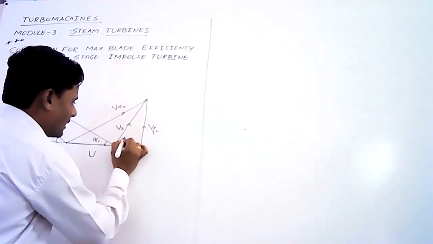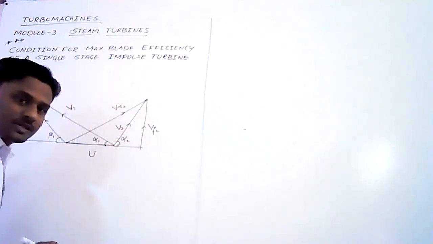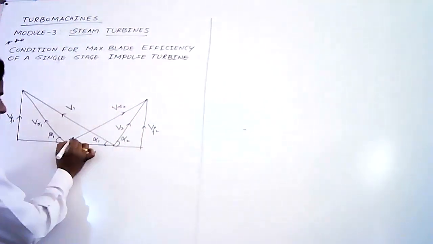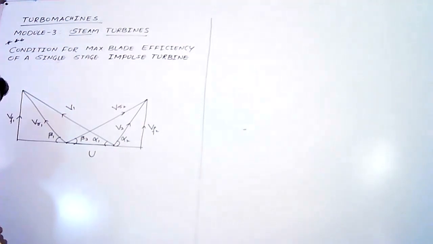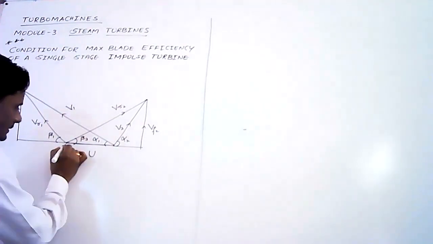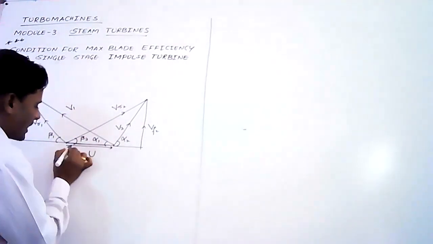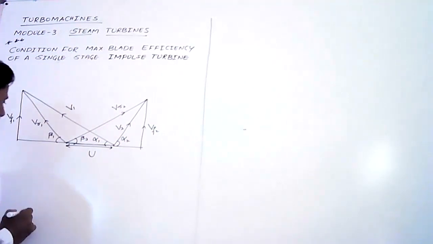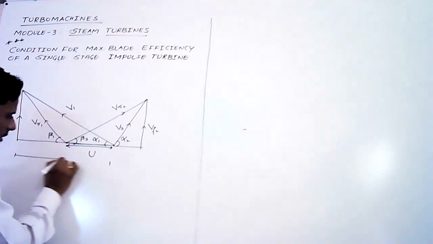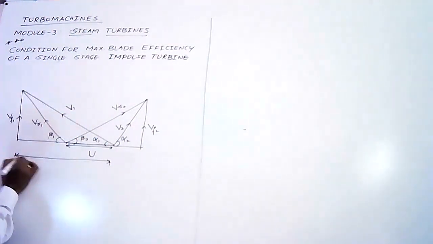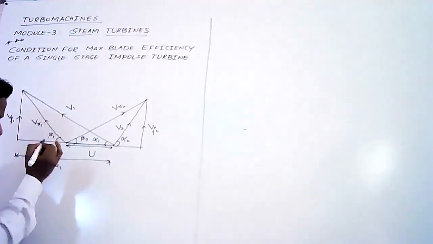V2 makes an angle alpha 2 with respect to the horizontal, and beta 2 is the angle made by VR2 with respect to the horizontal. This is the tangential velocity U.